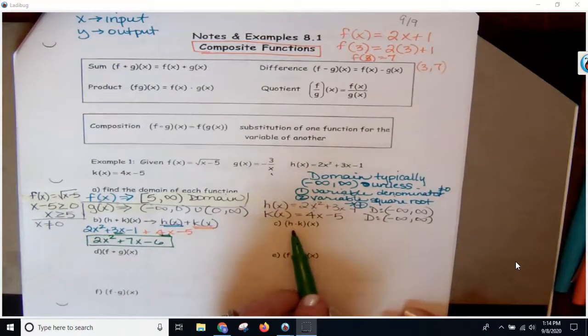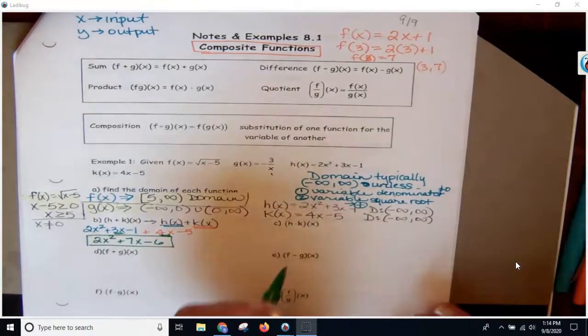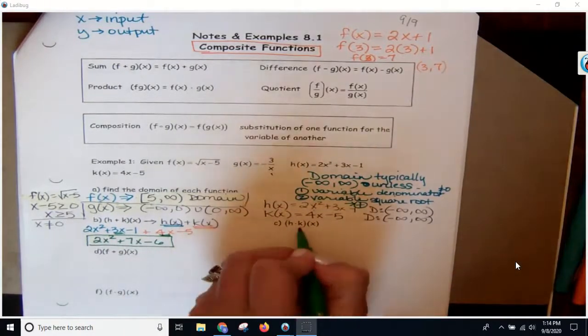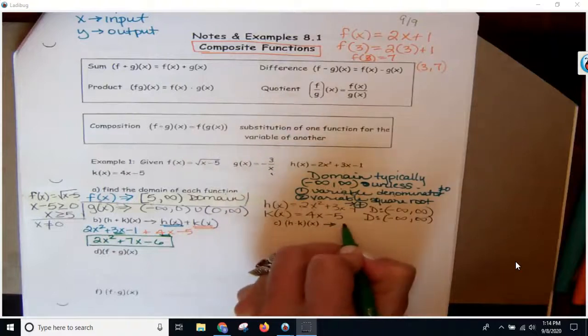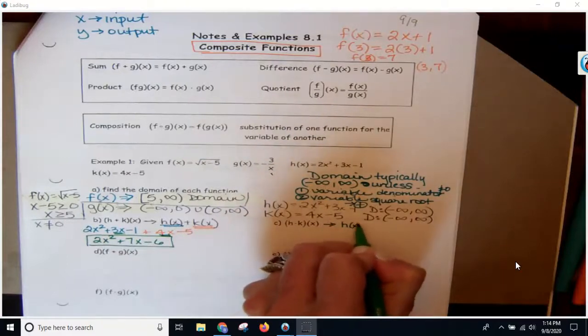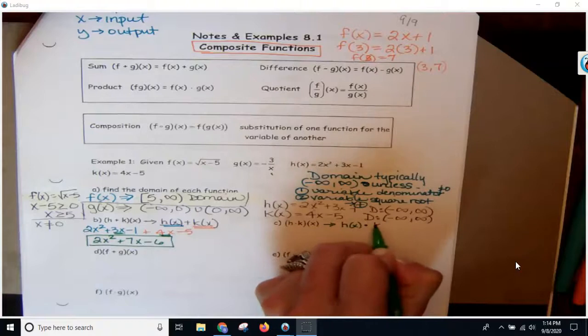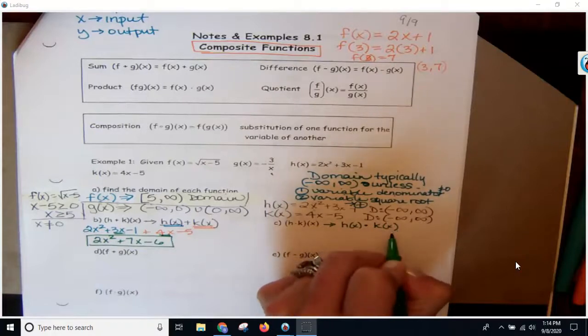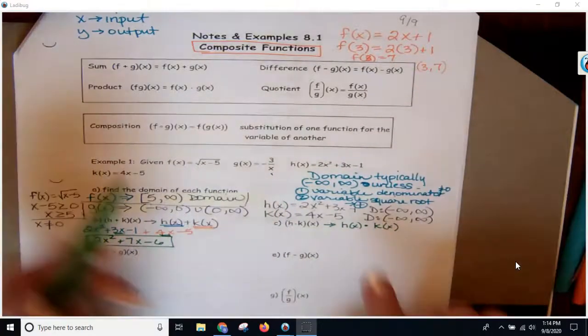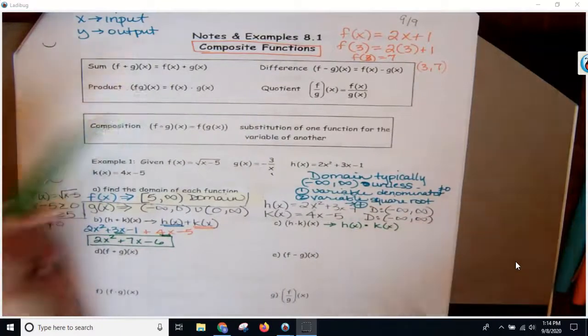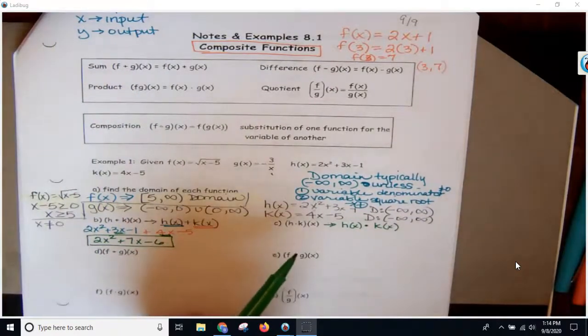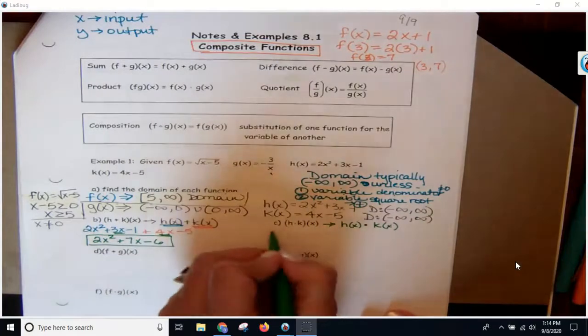Alright, what about this? Now we're multiplying these, okay? So this is the same as h of x times k of x. This shows right up here. I'm just multiplying them. It's really just learning vocabulary and then doing what they're telling you to do.